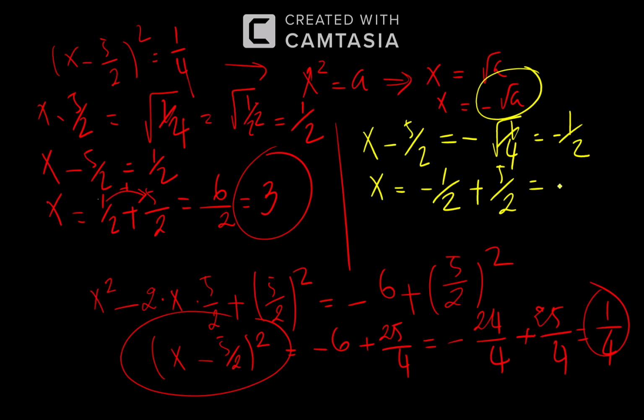We keep the denominator 2, and negative 1 plus 5 equals positive 4. So 4 divided by 2 equals 2. So the first x1 is equal to 3, and the other x is equal to 2. This is the second way. I hope you understand.